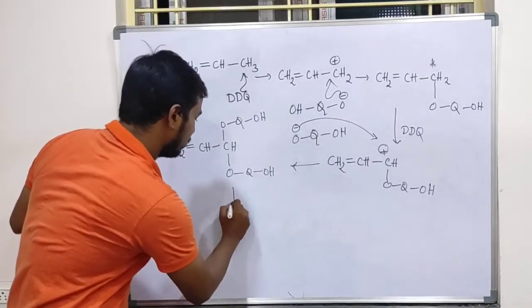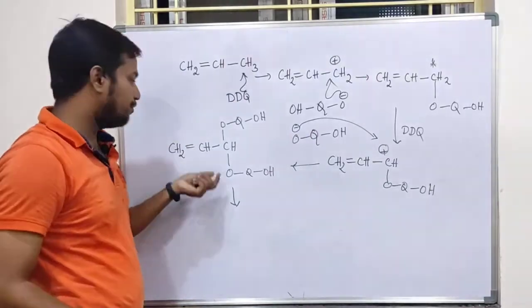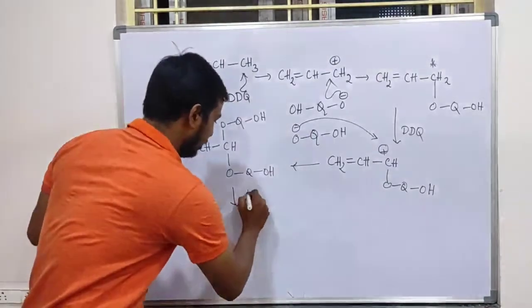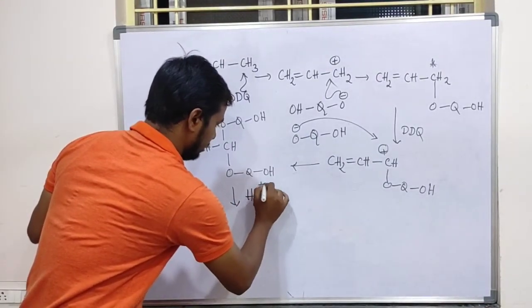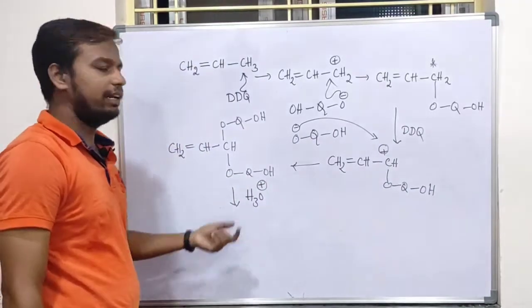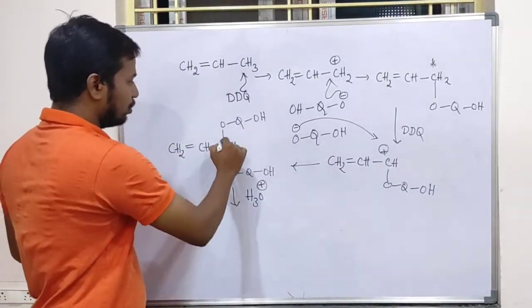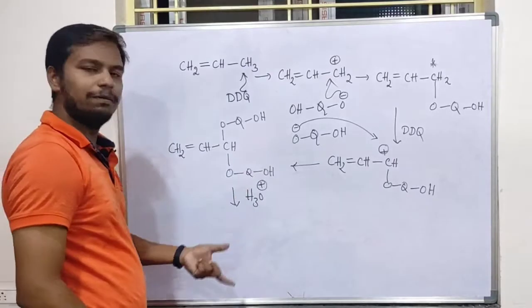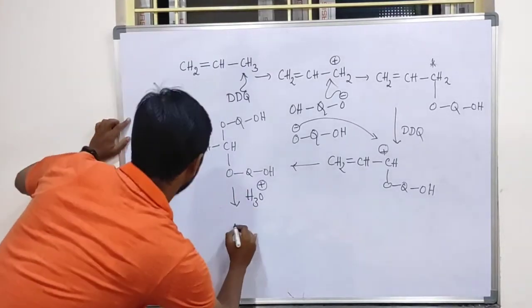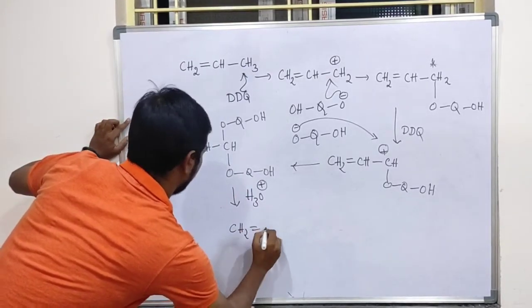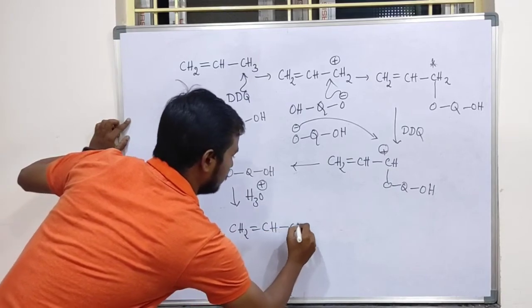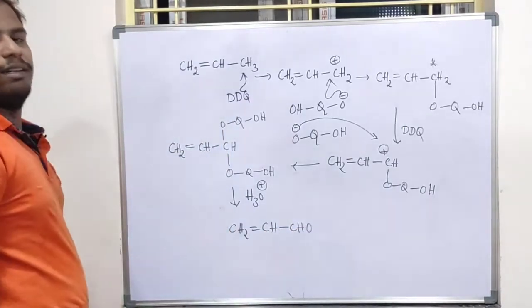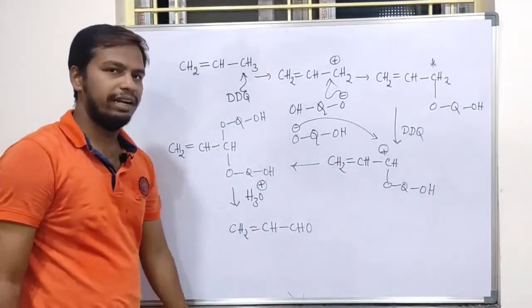So if we make it undergo acid hydrolysis, so treat it with acid, any protic acid, then see this total group will be dehydrated and we will be getting CH2 double bond CH. We will be getting oxygen, that means aldehyde we will be getting.